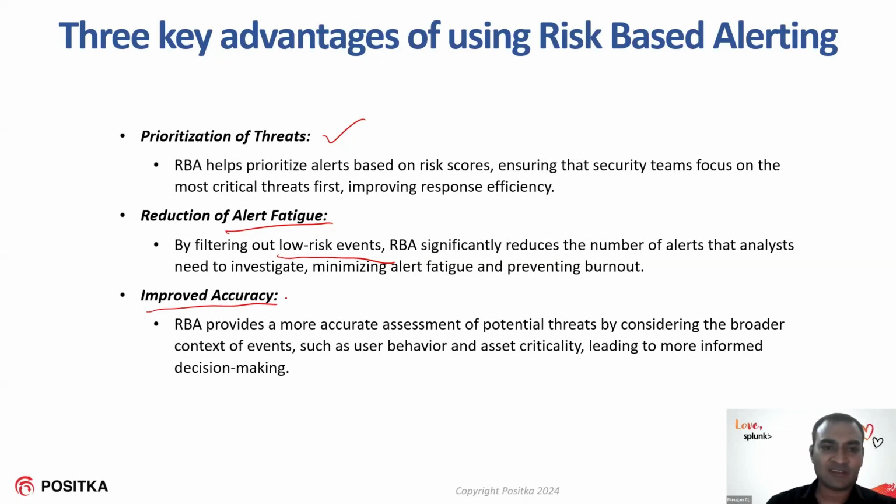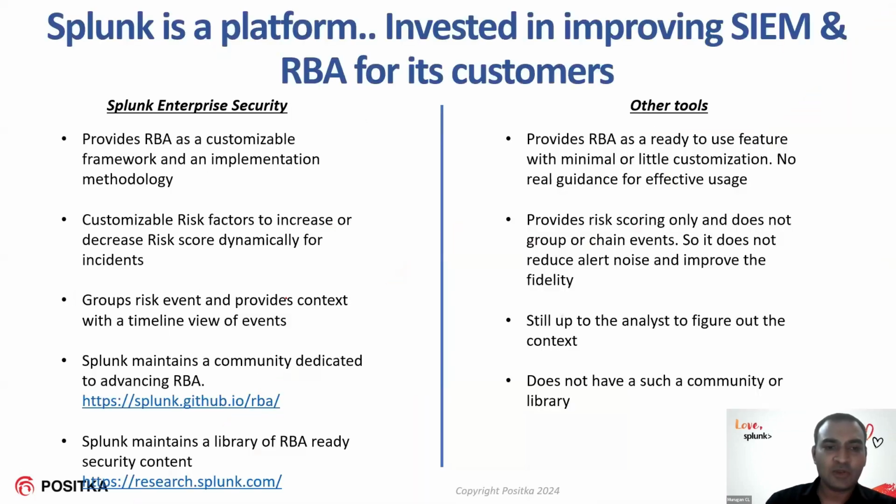But keep in mind, this is generic RBA. This is what every other tool does. So Splunk does it slightly differently. Splunk's RBA is actually a customizable framework. Other tools provide it as a feature and not really as a framework that you can customize. So those features would have very little customization when it comes to risk scoring.